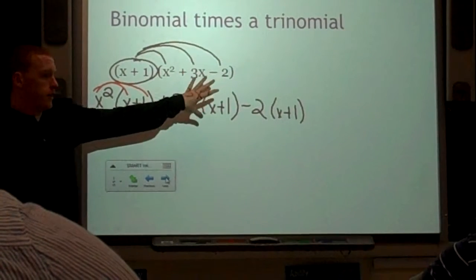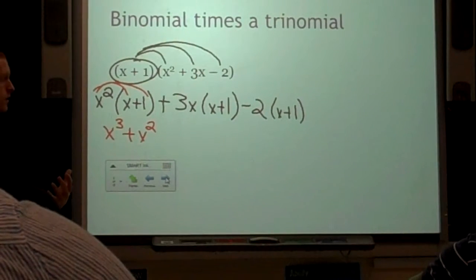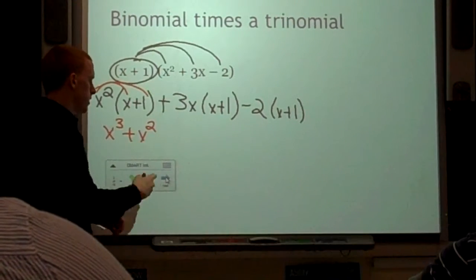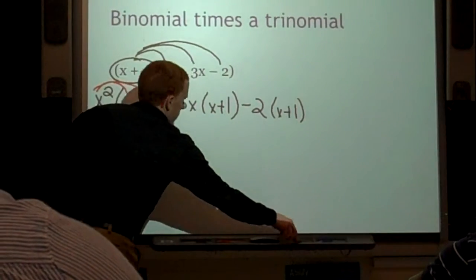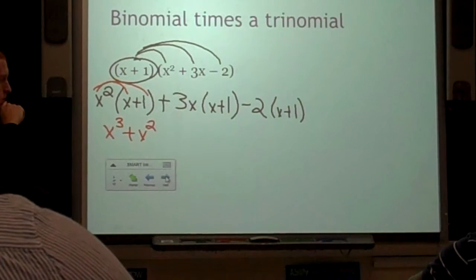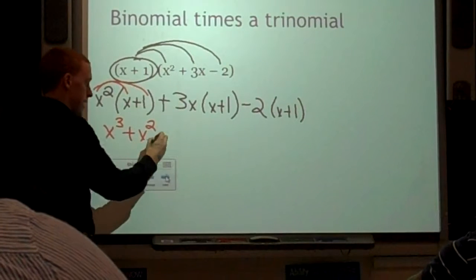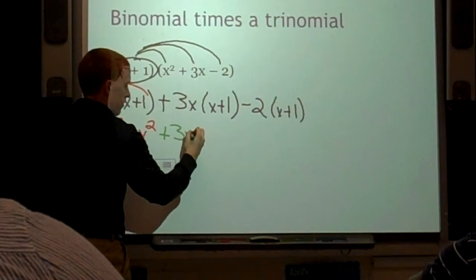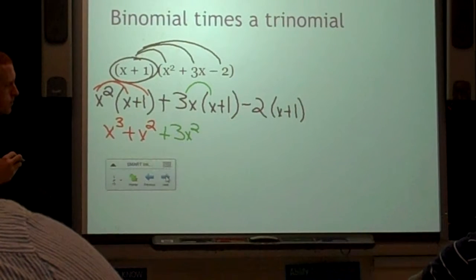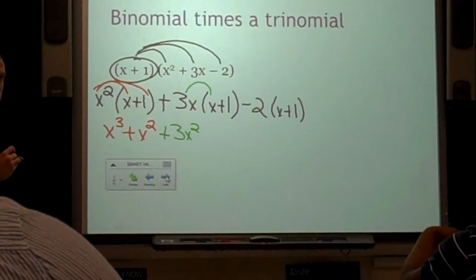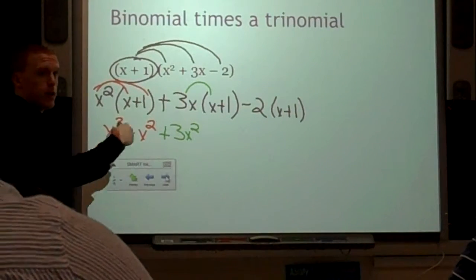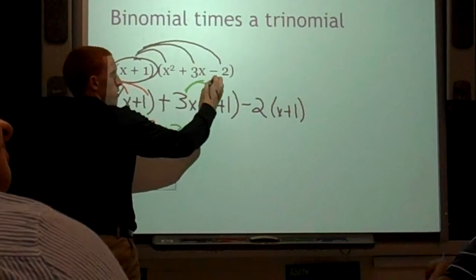Let's try this distributing here. What am I distributing here? 3x, so I'm going to distribute the 3x. Now, what do I get for my first term? 3x squared. And that was 3x times x. Now I'm doing 3x times 1, the next term.